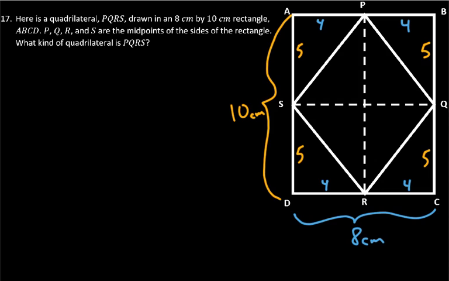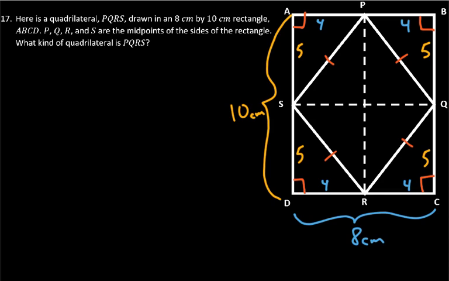Now, since that's the case, all of our side lengths here, by the Pythagorean theorem, because we have a rectangle here, so because it's a rectangle, we know that these are all right angles. And that makes all of the sides congruent by the Pythagorean theorem.